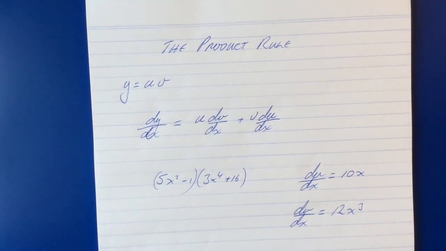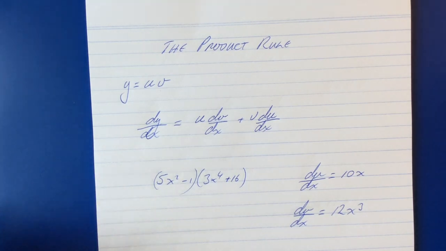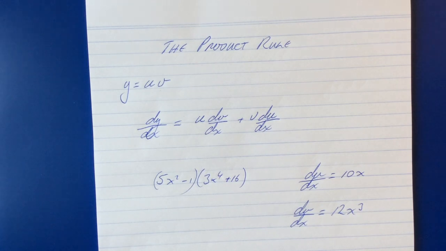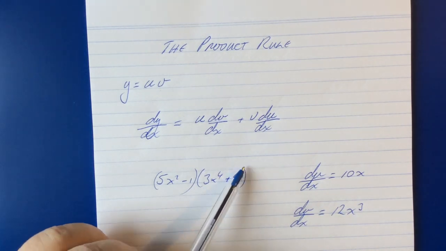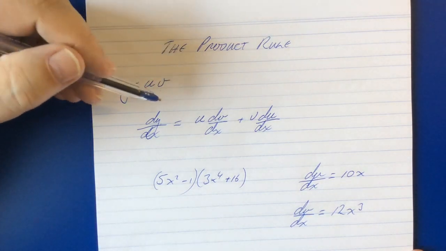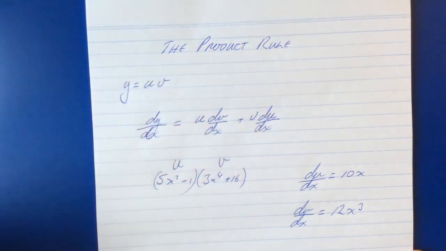And this is the simple form of the sort of thing that you will face. Not wishing to throw a scare into people, but this can also involve elements of the chain rule. So in order to find, for instance, dv/dx, you might need to use the chain rule because there might be an exponent out here. Anyway, we'll come to that in later examples. So first things first, this we will call u, and this we will call v.